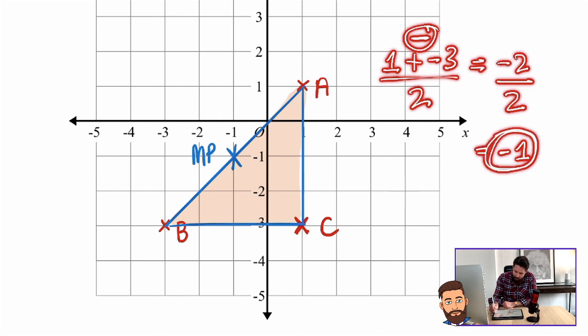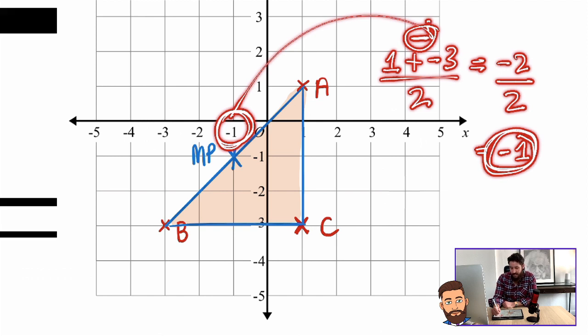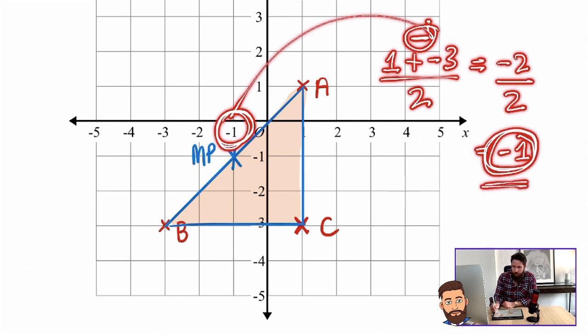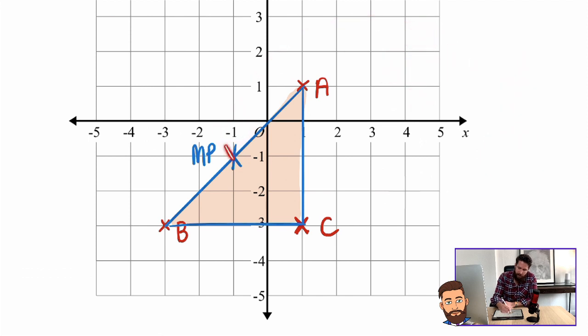So we have in fact proved, using some basic maths statistics and finding the average by adding them together and dividing by 2, that the x-coordinate is in fact minus 1. When we had the graph, it was easier just to look and see that it was minus 1. I meant minus 1, not 1.